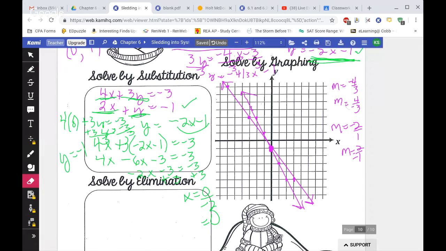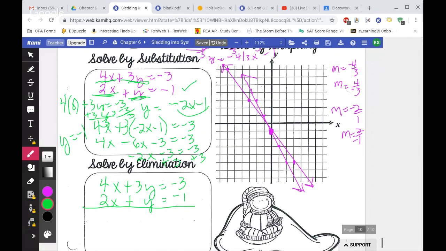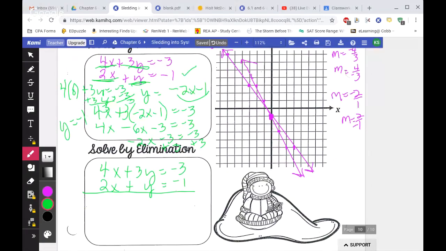Now for elimination. They're already in ax plus by equals c format, which is standard format. But neither one has matching coefficients. So that means I'm going to have to multiply one or both of them.